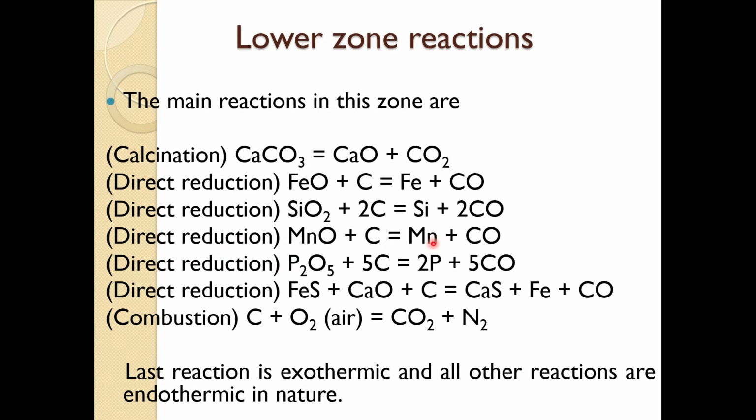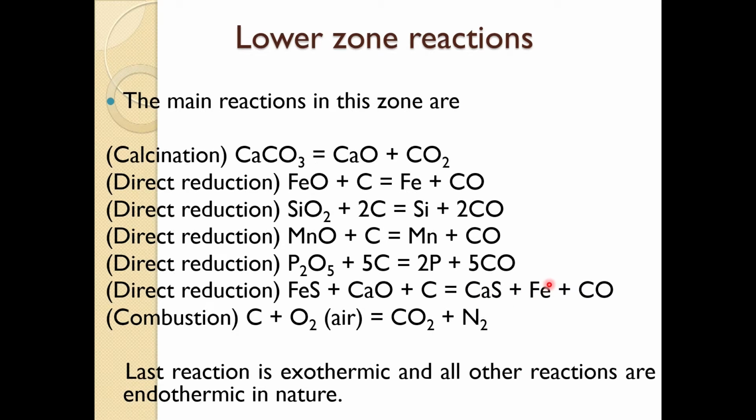Manganese oxide gets reduced into manganese. Similarly, phosphorus pentoxide gets reduced to phosphorus. Again, if there is sulfur associated with iron, it goes with lime and forms calcium sulphide.